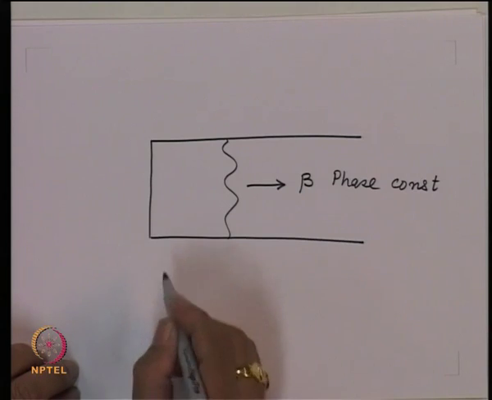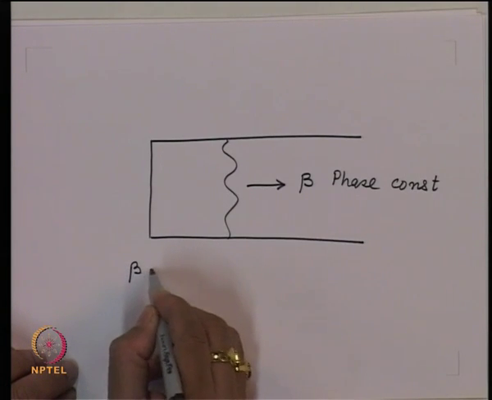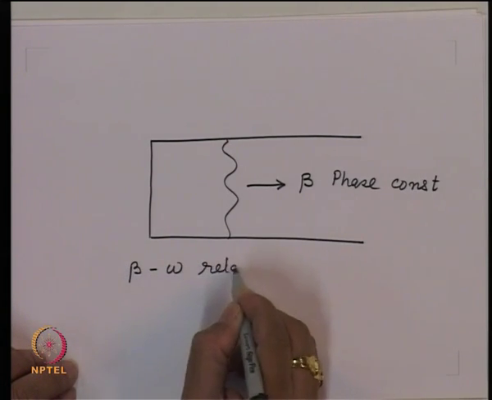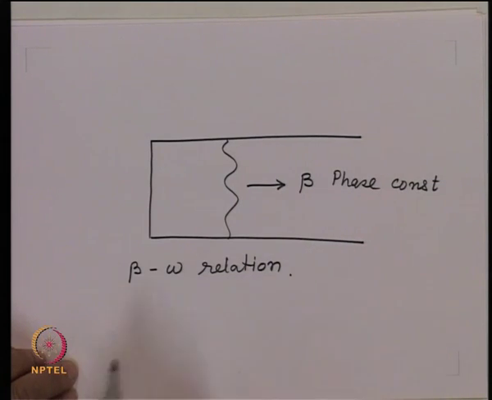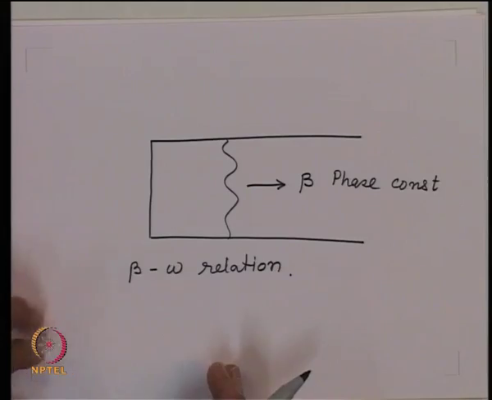So, we have a relation which is the beta omega relation. This relation is also called the dispersion relation. So, by using the electromagnetic theory and the wave propagation in this bound structure which is the optical fiber, we find the relationship between beta and omega, and once you get beta and omega, then we can find the velocity of the field inside the core.